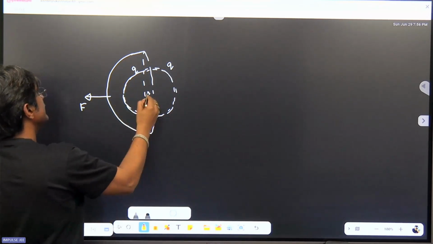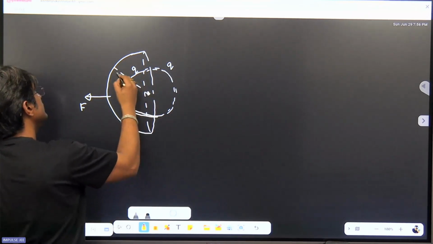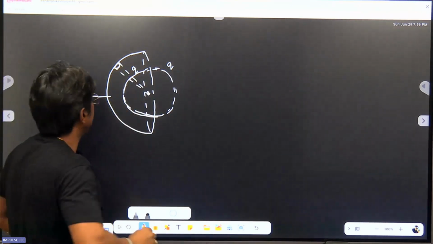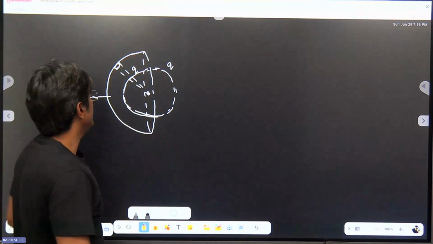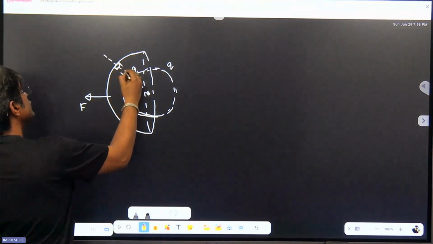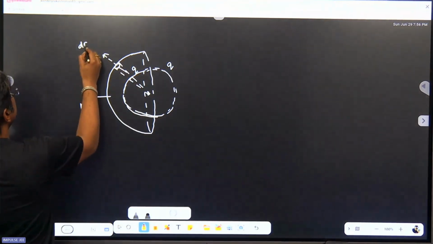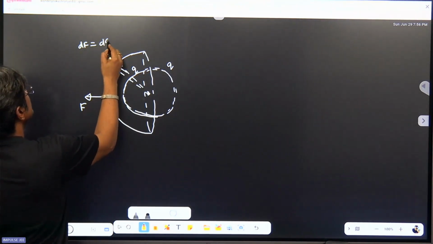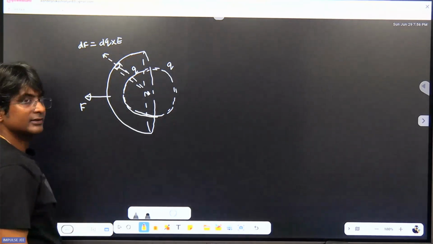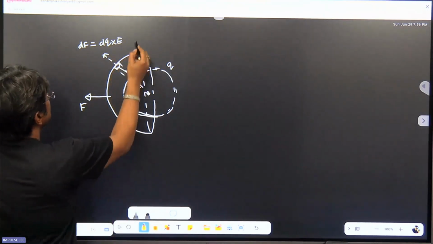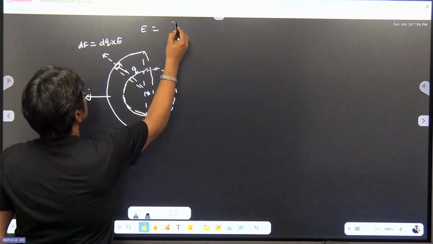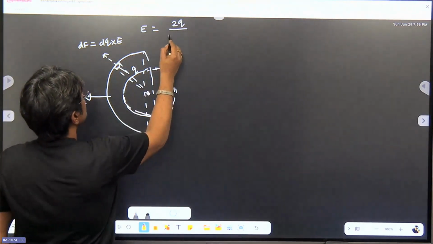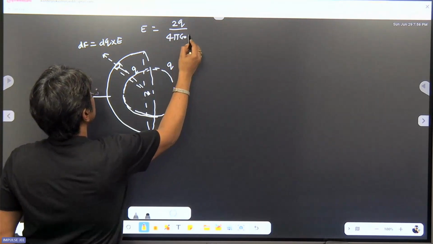Now, to find the force on any small portion of this shell, I think I have taught you the projection of area, if you remember. The force on this element we can write as dF, which is dq times the electric field. Here the electric field due to the inner sphere is 2q by 4 pi epsilon naught r square.